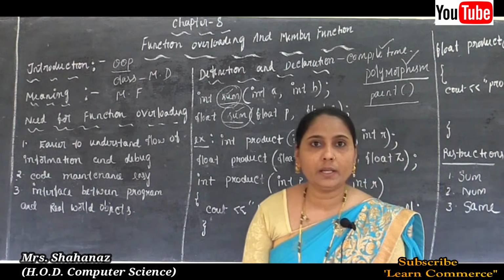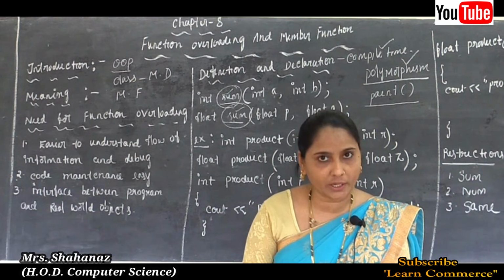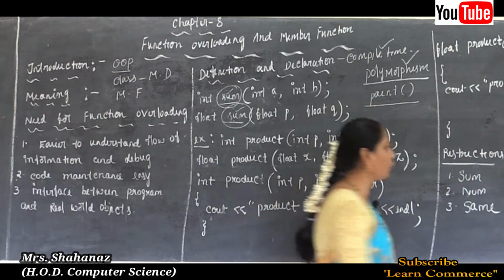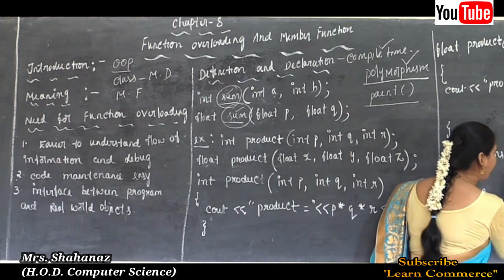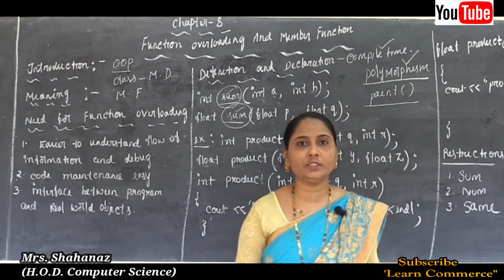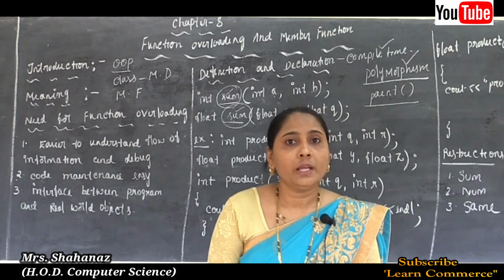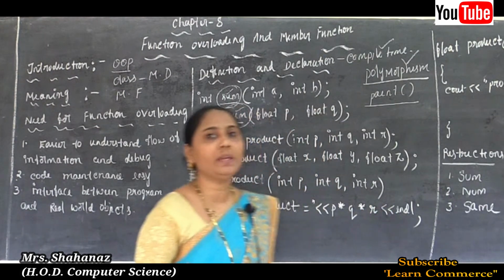So each function in a set of overloaded functions must have a different argument list. And the second disadvantage, we can say, is if typedef is used for naming a function.